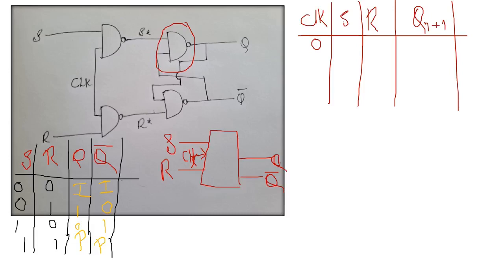So irrespective of the inputs S and R, with this clock input as 0, we'll be getting S star and R star as 1.